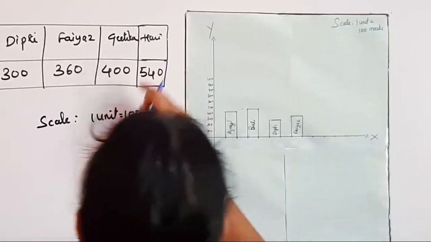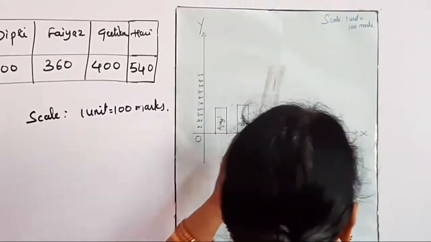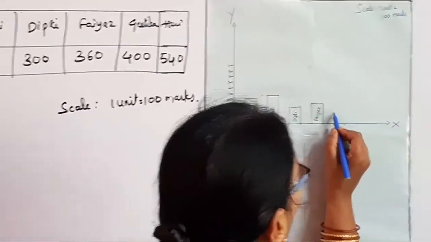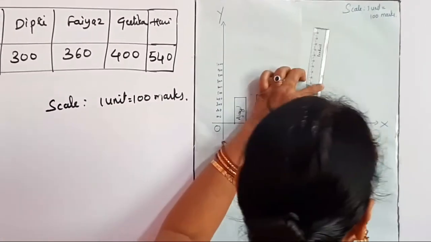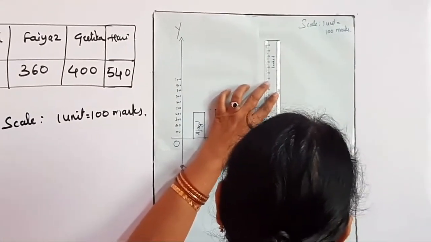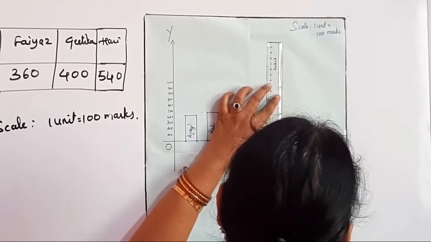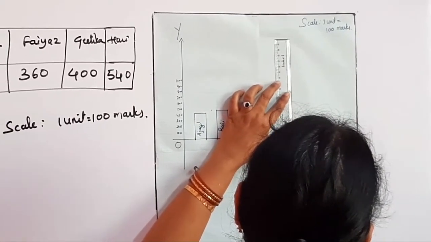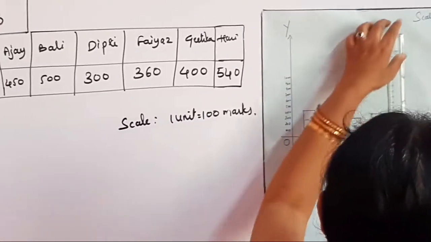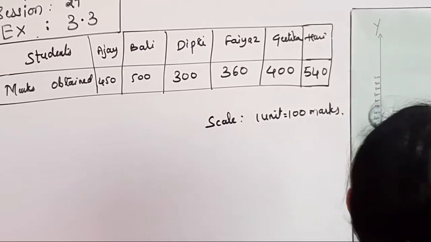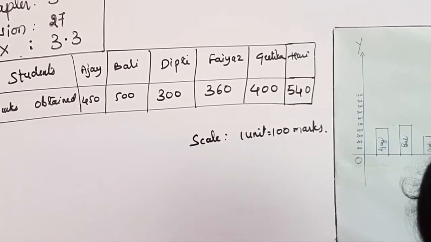Next, Geetika 400. 400 means see 100, 200, 300. This is 400. Whose is this?